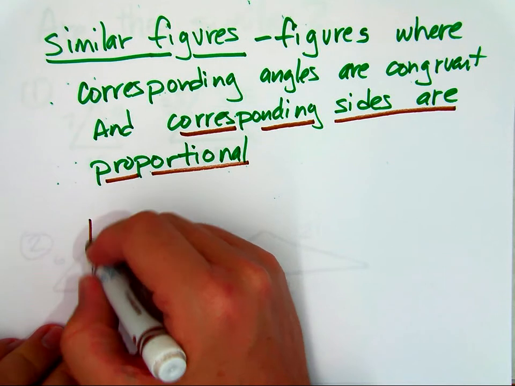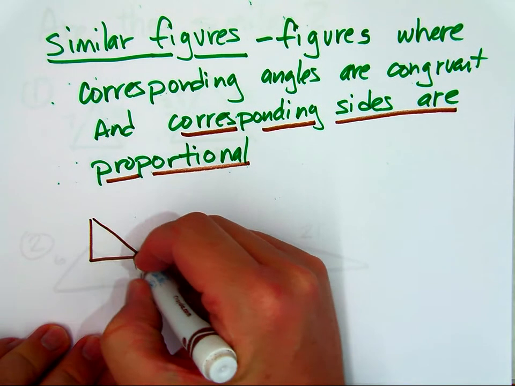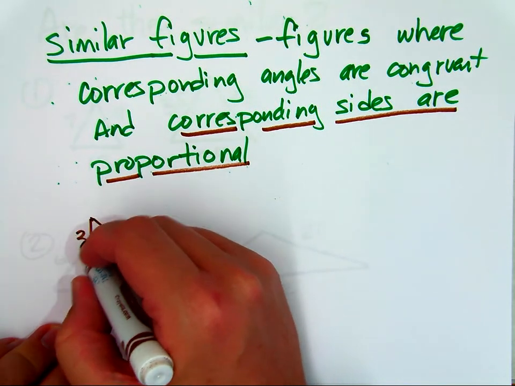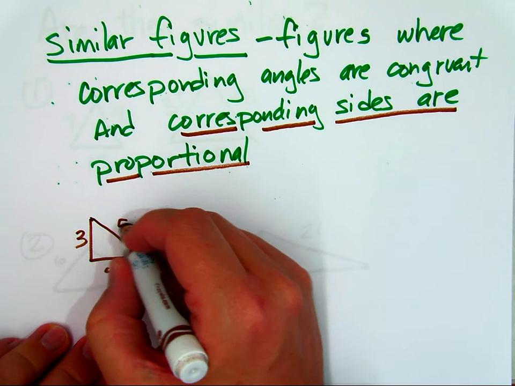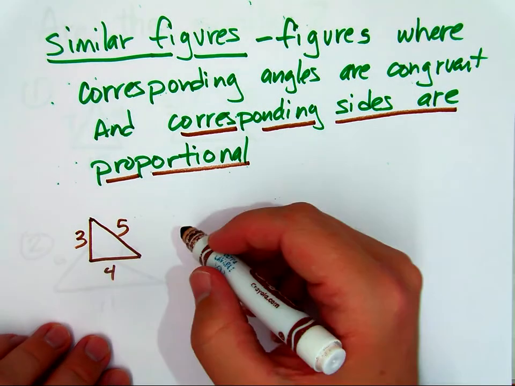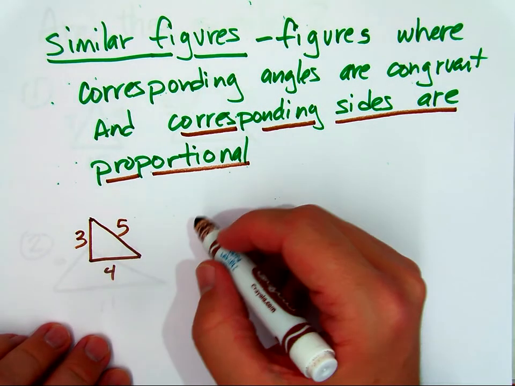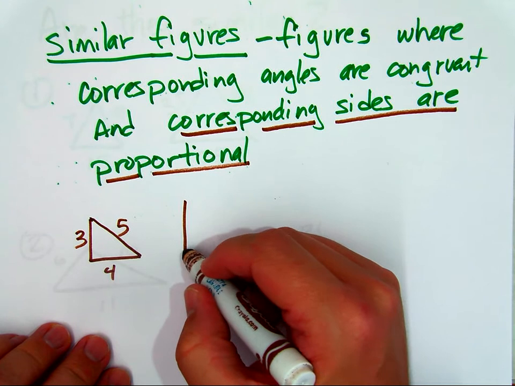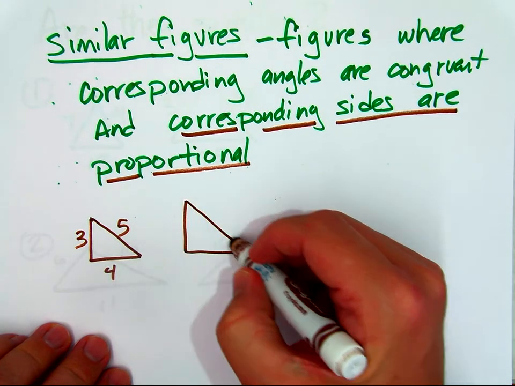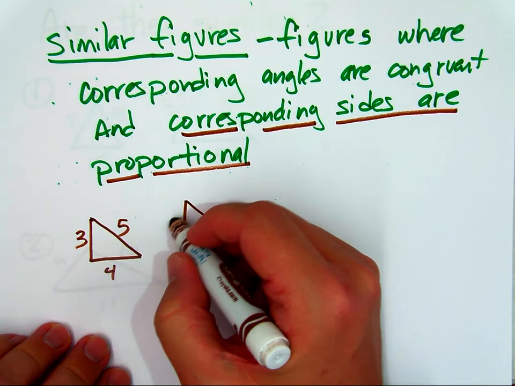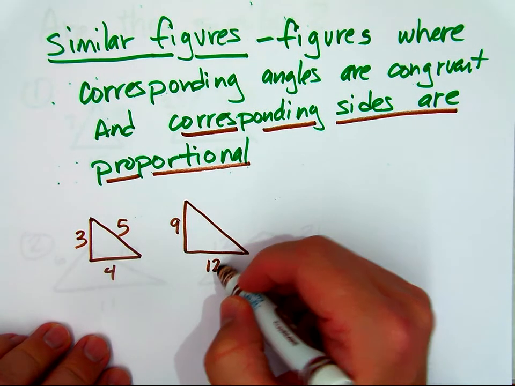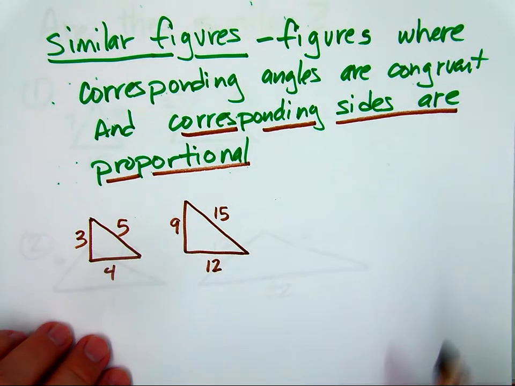Let's say we have two triangles, the ever popular 3, 4, 5 right triangle, and its cousin, the 9, 12, 15 right triangle.